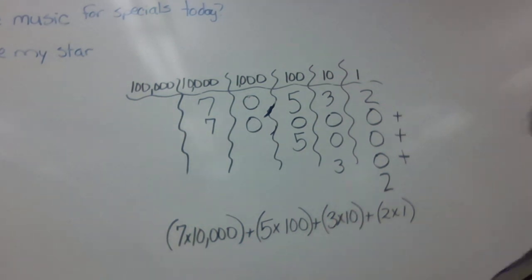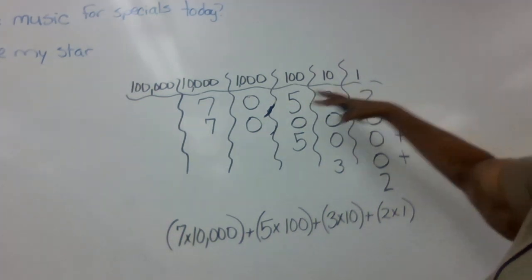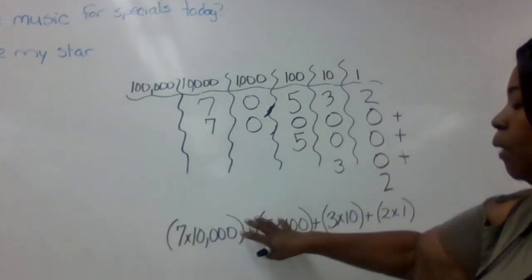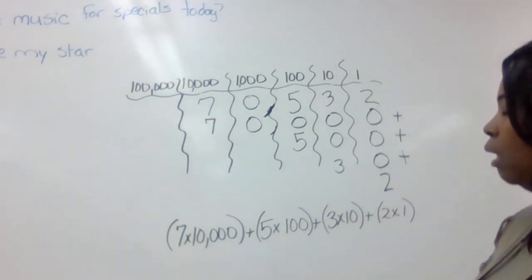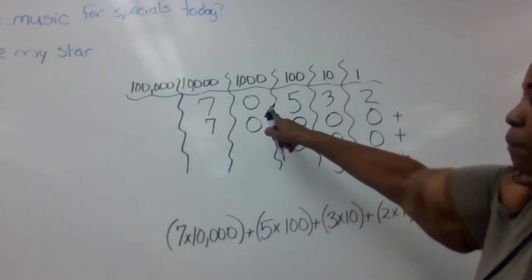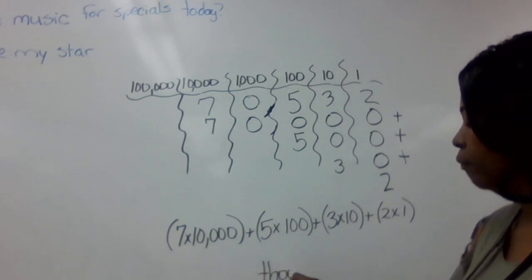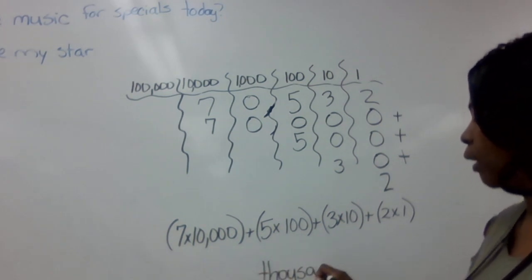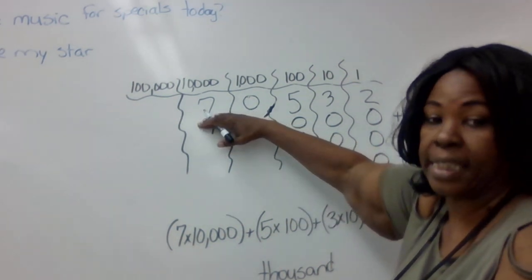So now let's put it in word form. We have standard form with just this. We broke it down into expanded form 2 ways. And now we're going to do word form where it's all words. Okay, let me find my thousand. That's my comma. So I'm going to go ahead and put thousand. Now what comes before thousand? It's a 7 and a 0. It says 70, right?